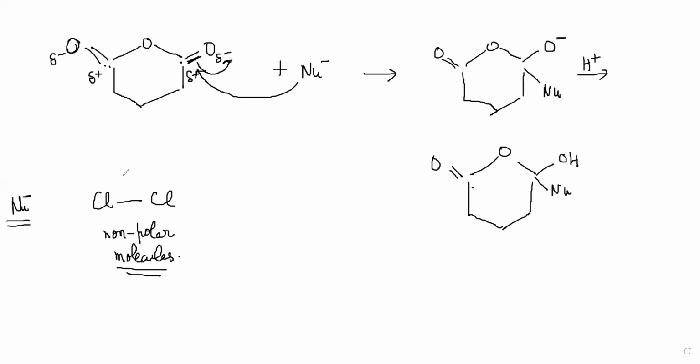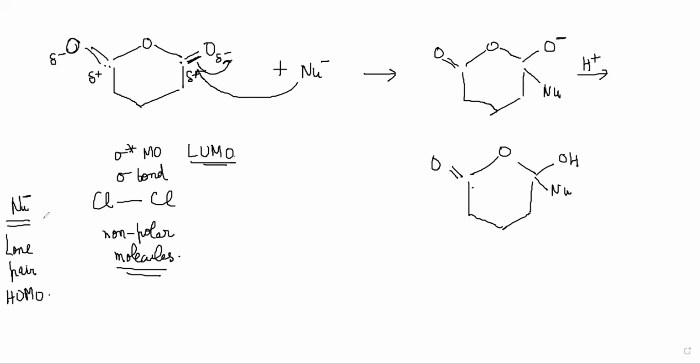Right now this is a sigma bond, so the unoccupied orbital is the sigma star molecular orbital, which is the lowest unoccupied molecular orbital, the LUMO. Here the highest occupied molecular orbital, the HOMO, will be a lone pair.